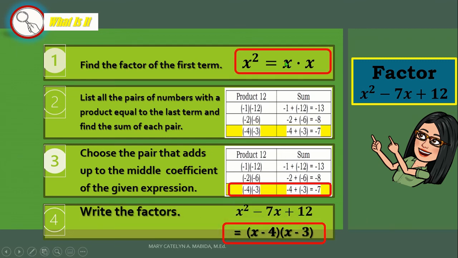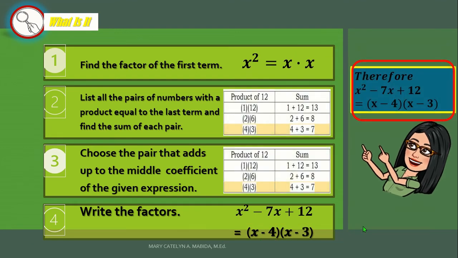So x minus 4 because it's a negative, and x minus 3. Again, therefore, x squared minus 7x plus 12 is equal to the quantity of x minus 4 times the quantity of x minus 3. Kudos to everyone!